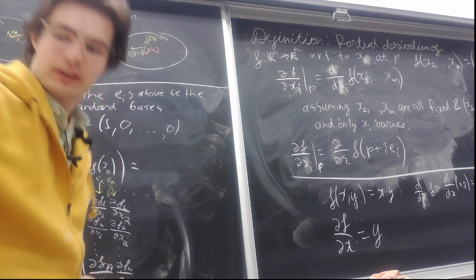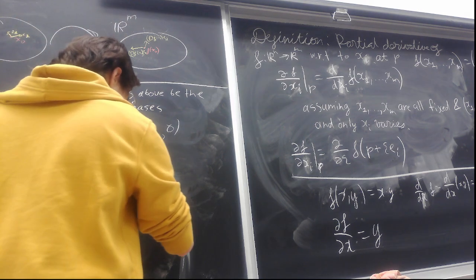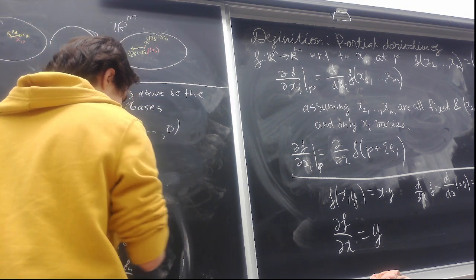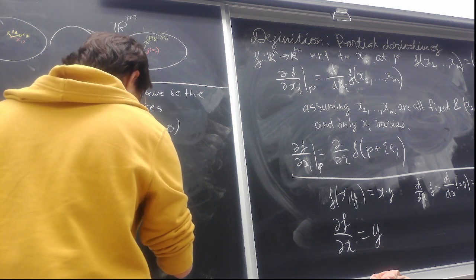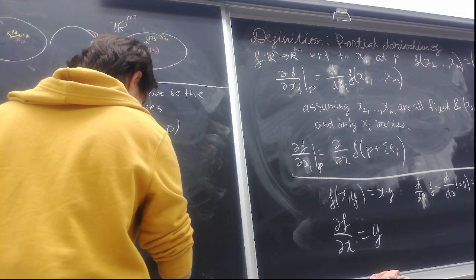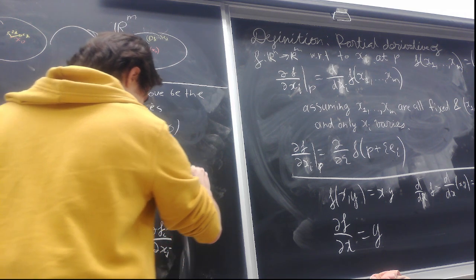And so if I did in the general case ej, this would be partial fi partial xj.